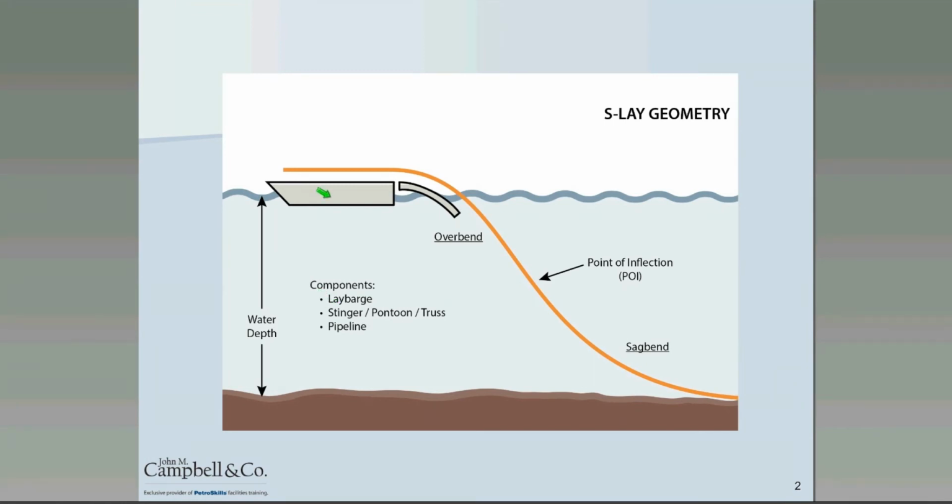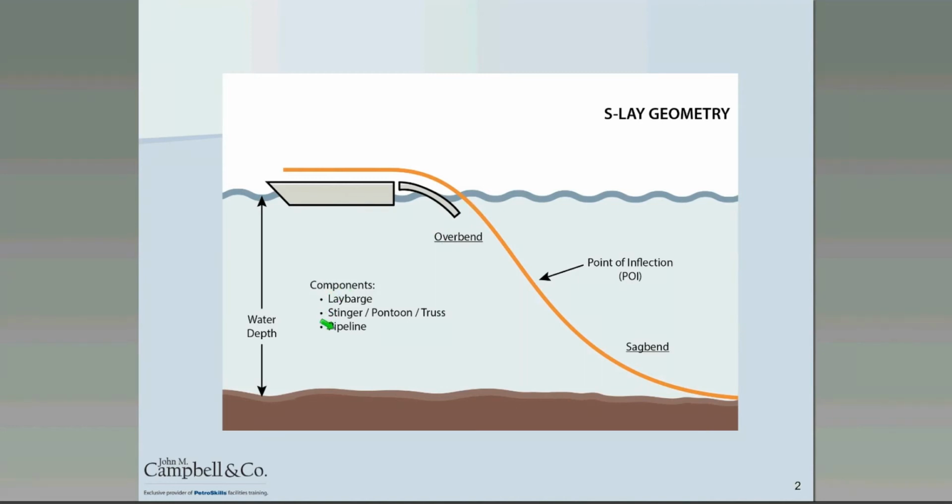This is a surface vessel on which you'd be assembling the pipe. The second major component would be a component called a stinger, pontoon, or truss, depending on what company you're working with and the types of equipment that you're actually dealing with. And this piece of equipment shown here is a transitional piece that takes the pipe from the surface on the barge where it's assembled and transitions from that into the ocean.